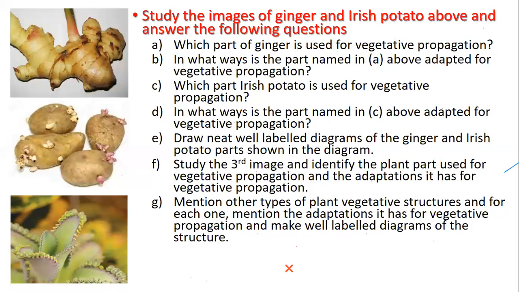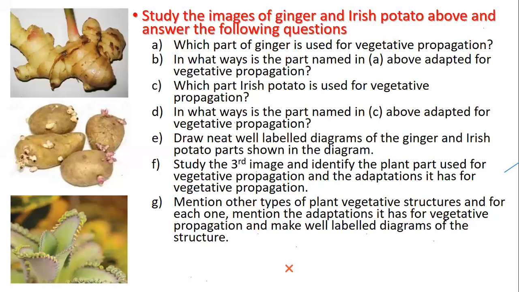So what happens is that maybe the terminal bud would be probably showing where this thing was attached to the mother plant or to the main plant or something like that. I don't know if that is clear, but what is important is that these buds develop into new plants, okay?